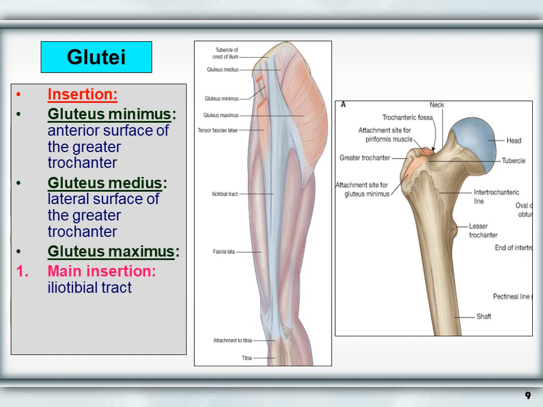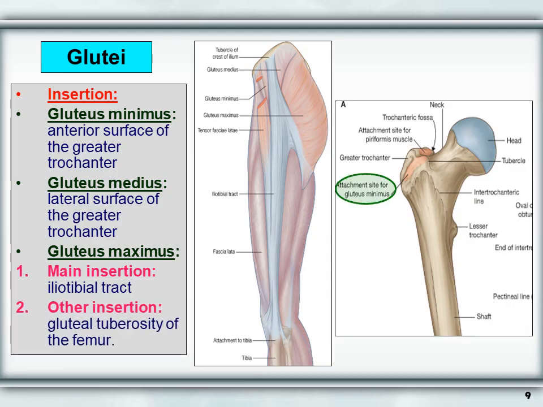The gluteus maximus inserts mainly on the iliotibial tract, and its other insertion is the gluteal tuberosity of the femur.